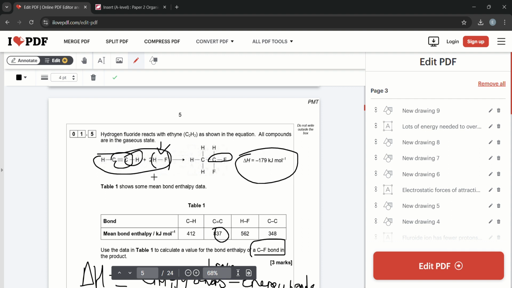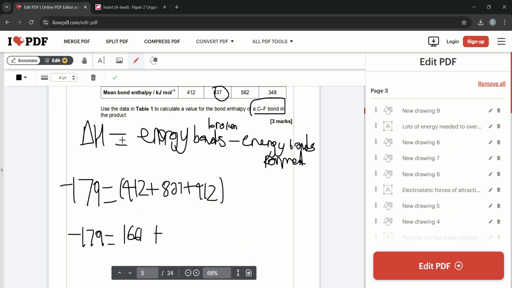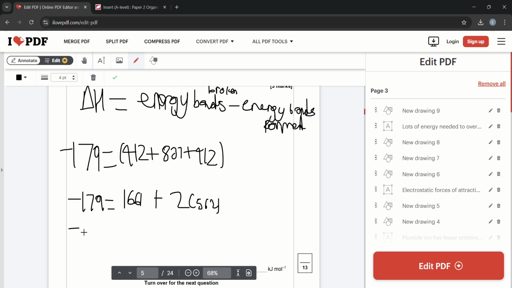That means HF, which is 562, 2 times 562, right? Just put brackets around it, makes a lot more sense. So it's going to be plus 2 times 562, minus 179 equals 1661 plus, actually, I'm just going to do 2 times 562, 1124. 1124 plus 1661, 2785.